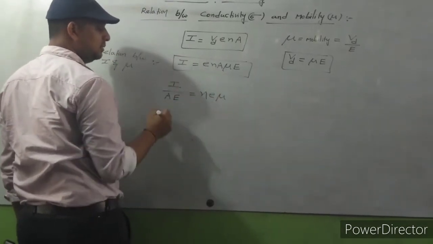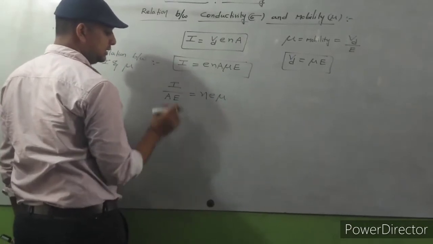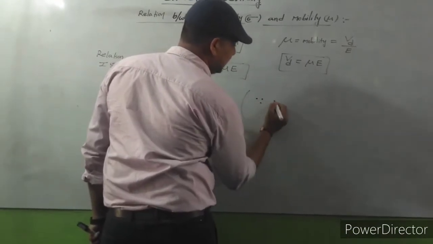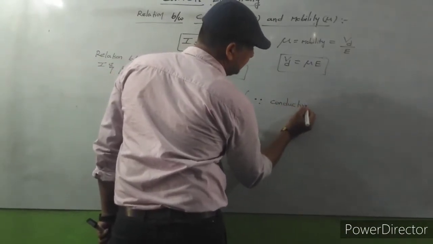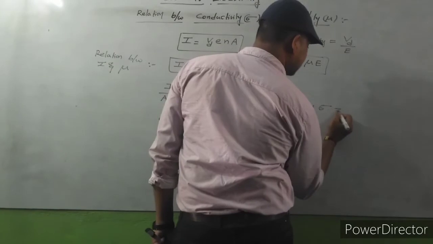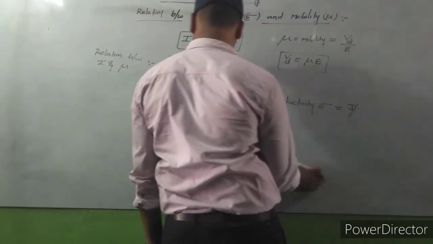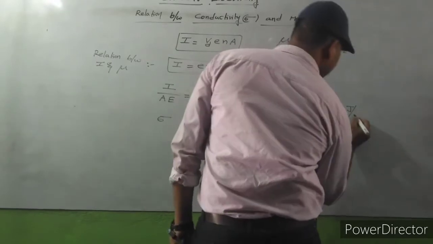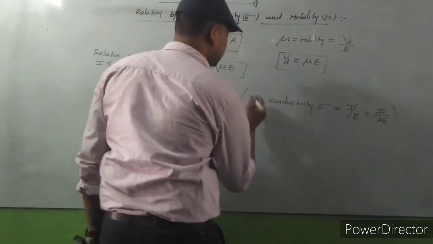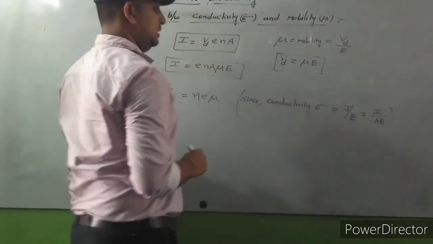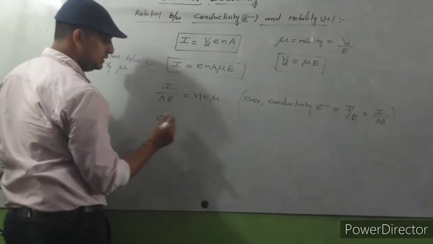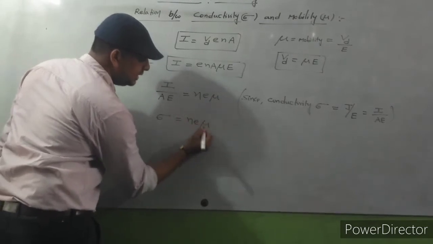I by AE is nothing but, you know already, conductivity sigma is equal to J by E, that is equal to I by AE. So instead of I by AE, can I take sigma here? Sigma is equal to NE into mu.